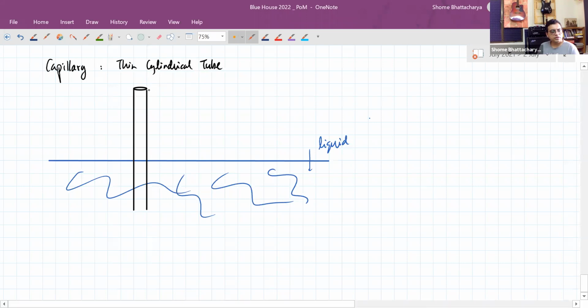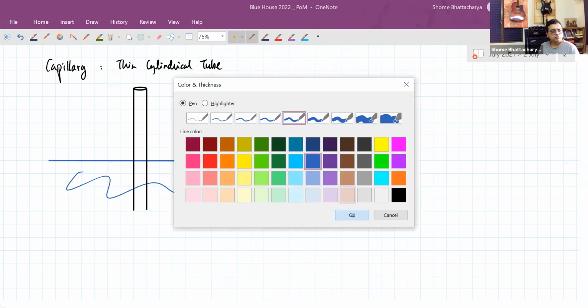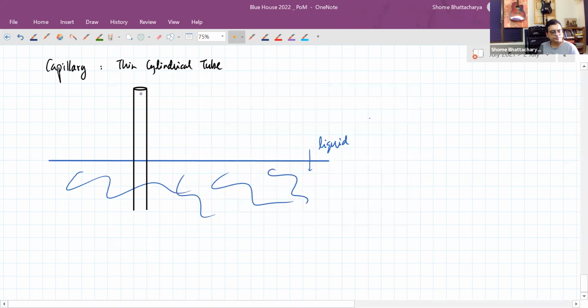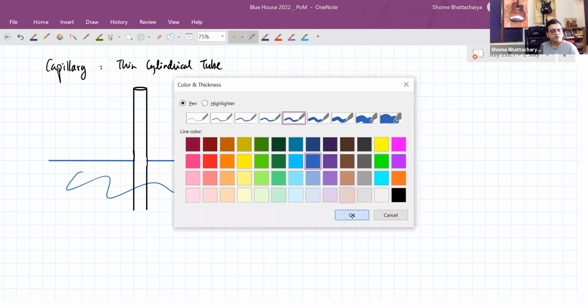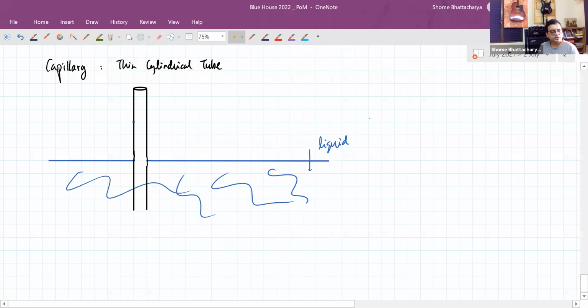What we observe is that the liquid will first of all rise by a certain amount inside the capillary. And secondly, as the liquid rises, the surface of the liquid inside will be a curved meniscus like this.